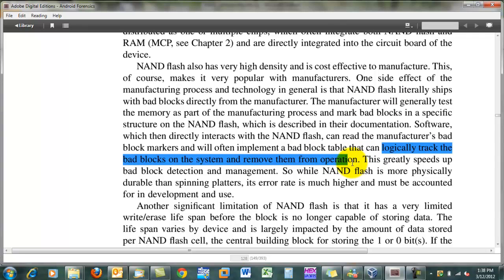During the manufacturing of these NAND flash chips, it tends to create a lot of bad or faulty blocks, so you need some way of tracking all these bad blocks and removing them from operation.